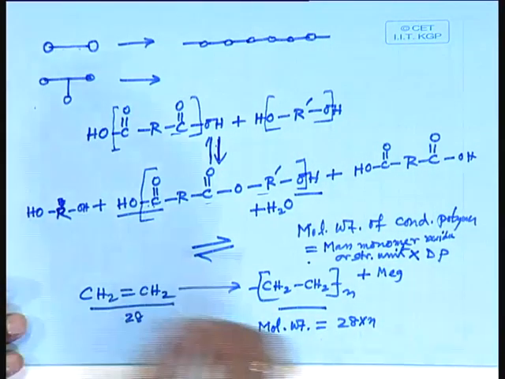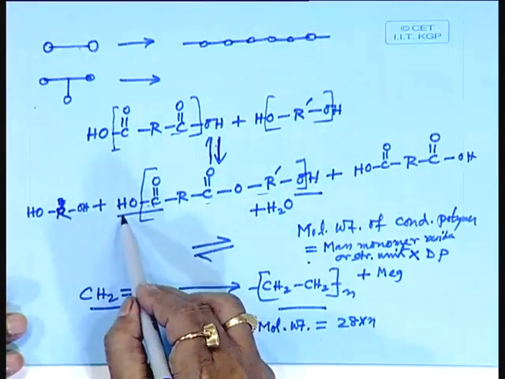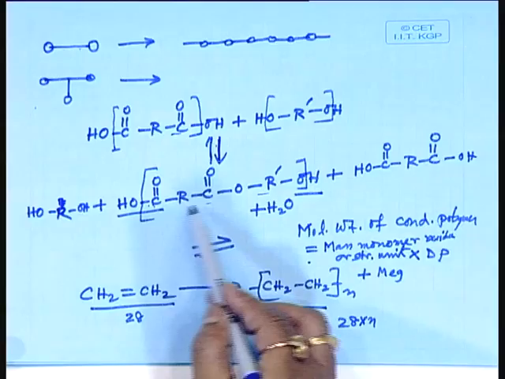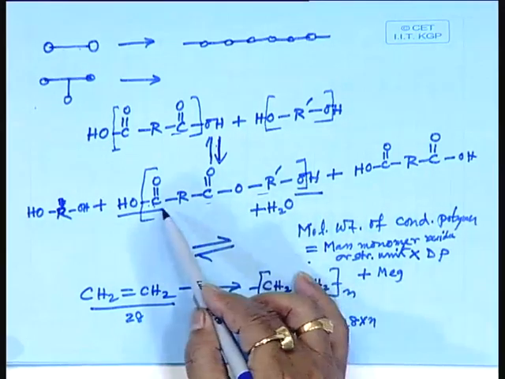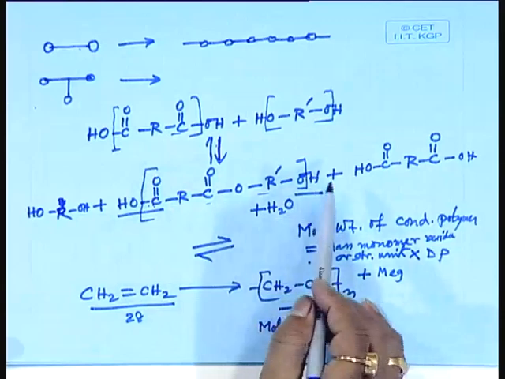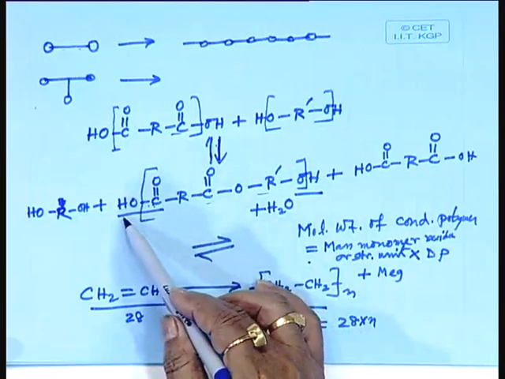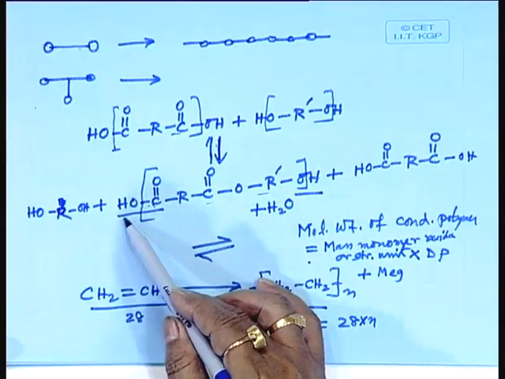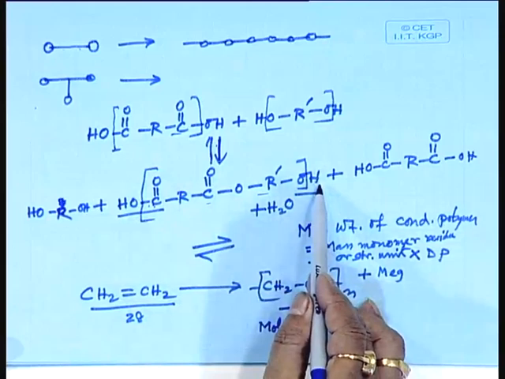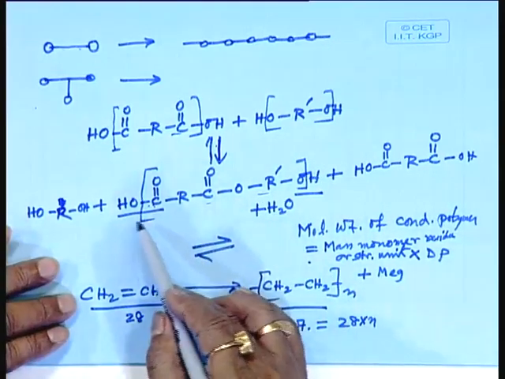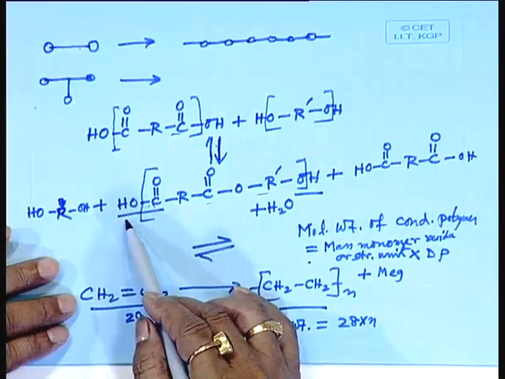What are the end groups? Because this will continue to increase, repeating this residue within the square bracket, and outside the bracket there will be one OH and one H. So, molecular weight of the end groups here is 18.